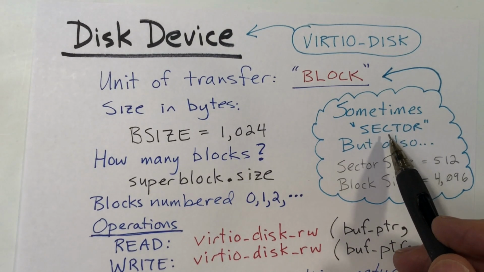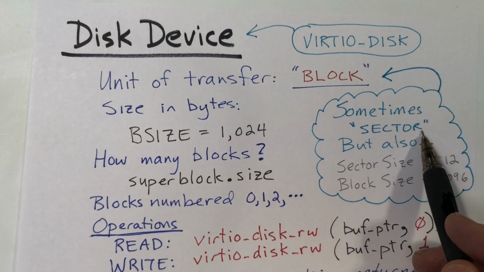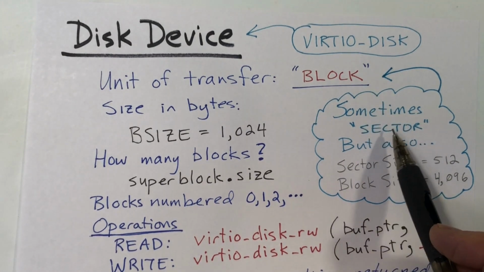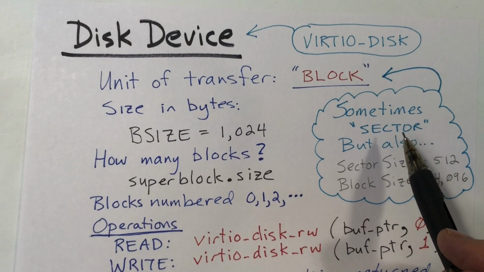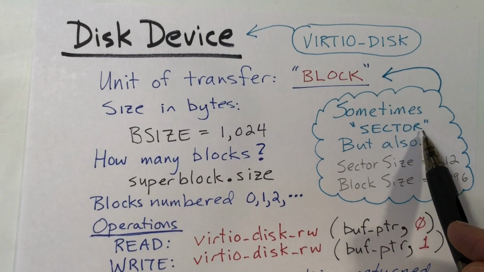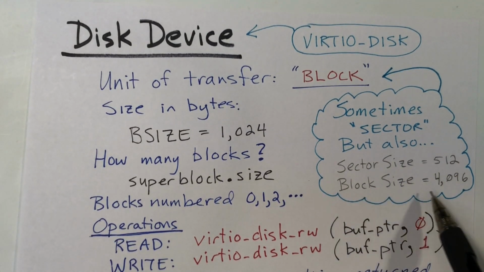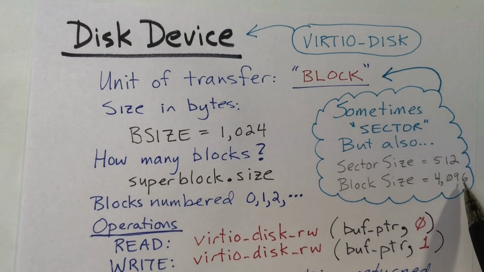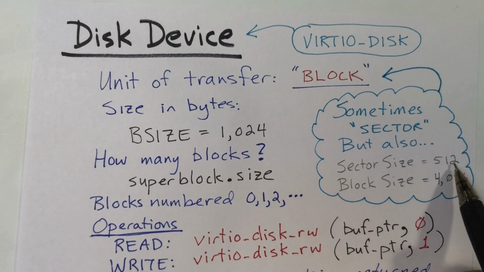The disk actually may read or write bytes in another unit called the sector. So block and sector are sometimes used synonymously, but they really are different things. Generally speaking, the sector size is a bit smaller than the block. A typical example is that in Unix, the block size is 4K, 4096, while individual disks may have a smaller sector size.